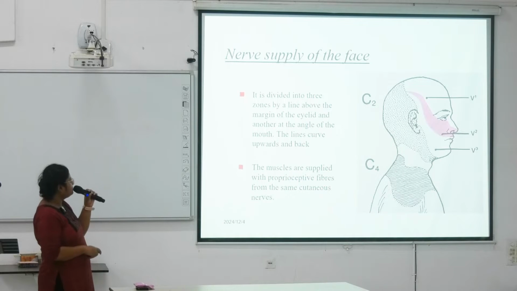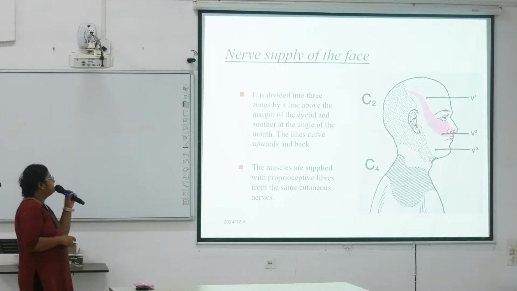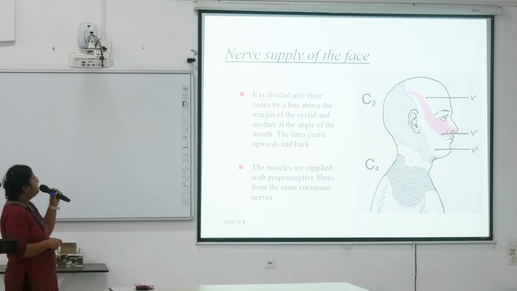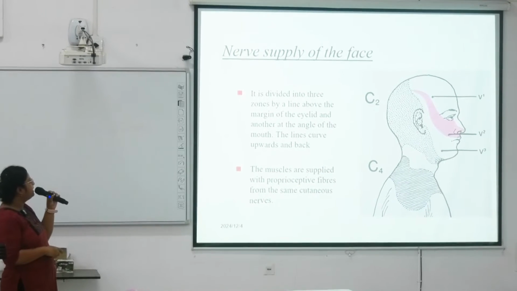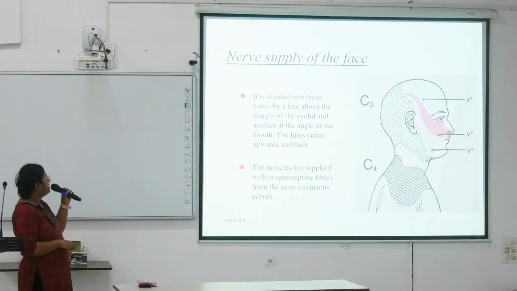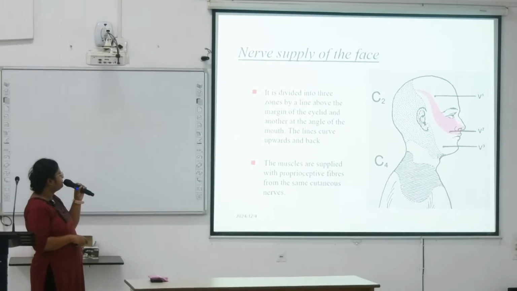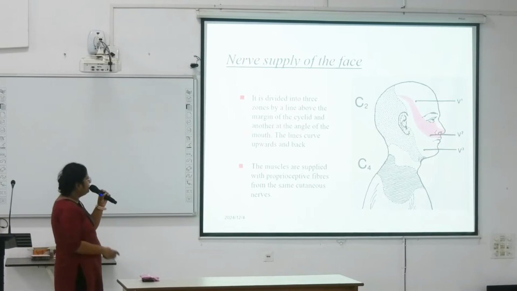Okay. So that's how the supply is coming. So it is divided into three zones by a line above the margin of the eyelid and another at the angle of the mouth, and the lines curve upward and backward. And the muscles are supplied with proprioceptive fibers from the same cutaneous nerve.